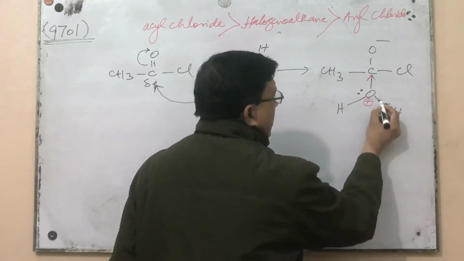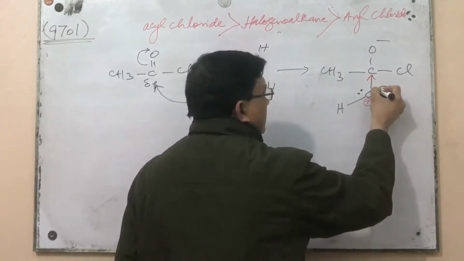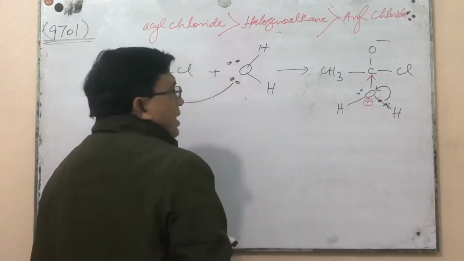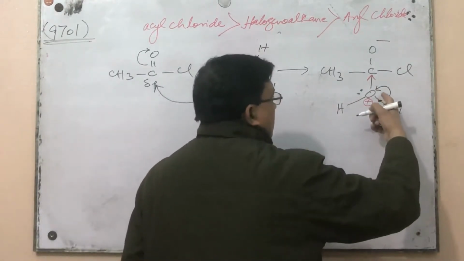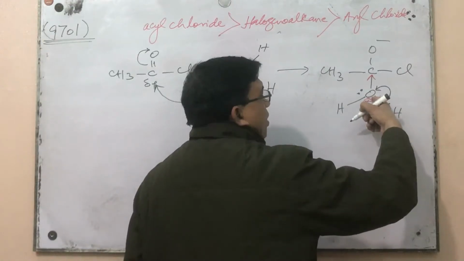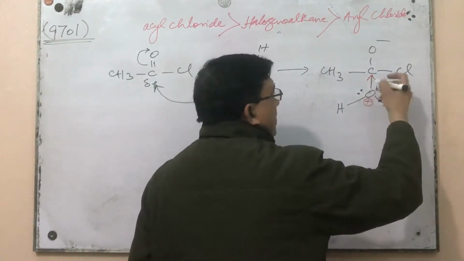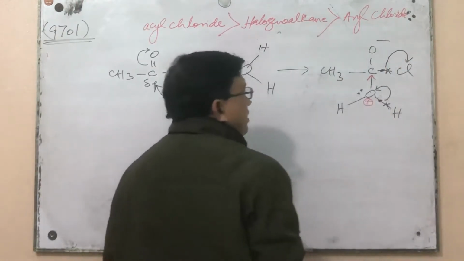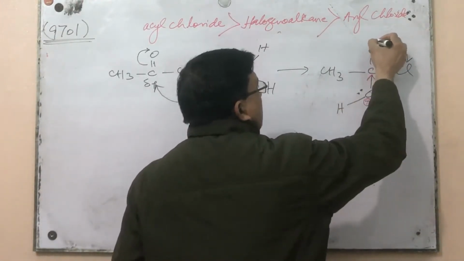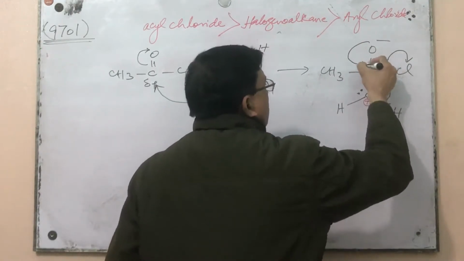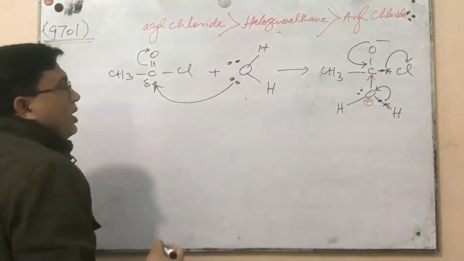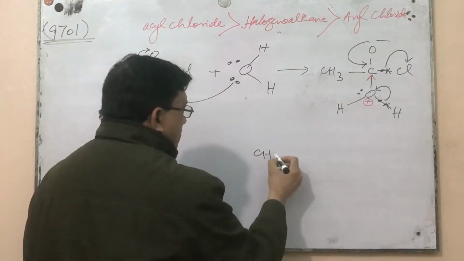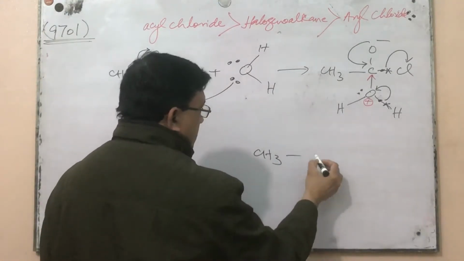One of the pairs of electrons from either hydrogen will be taken by oxygen, and when the lone pair becomes on the oxygen atom, automatically the pair of electrons will be shifted to the chlorine atom, and side by side the pair of electrons will shift to the carbonyl carbon oxygen atom, and the reaction takes place just like this.